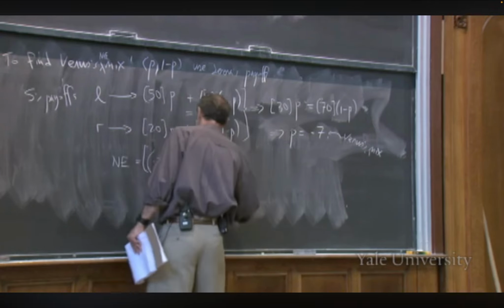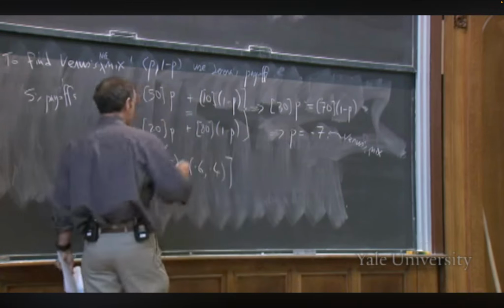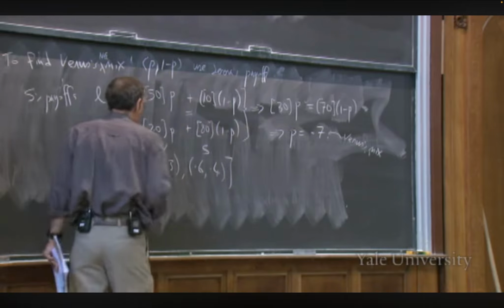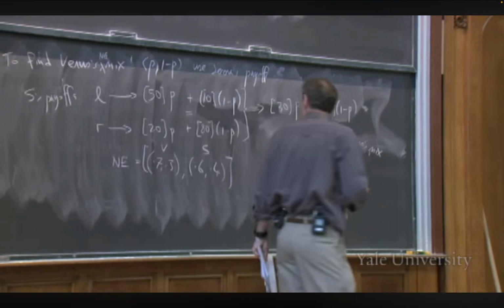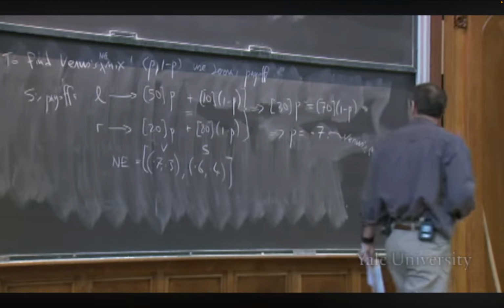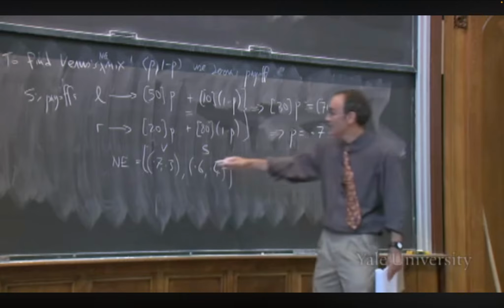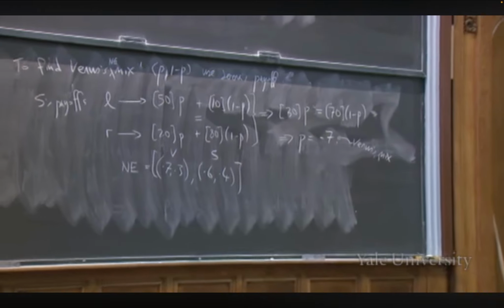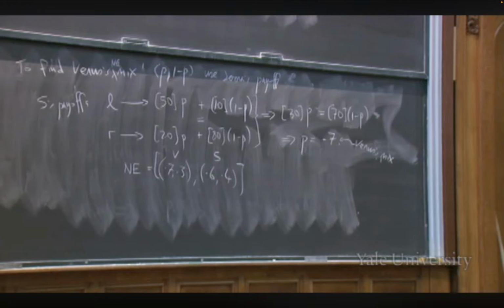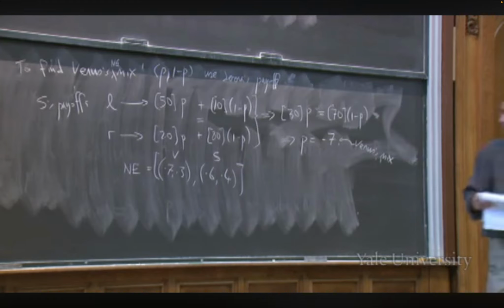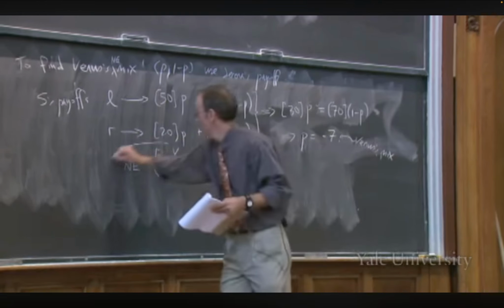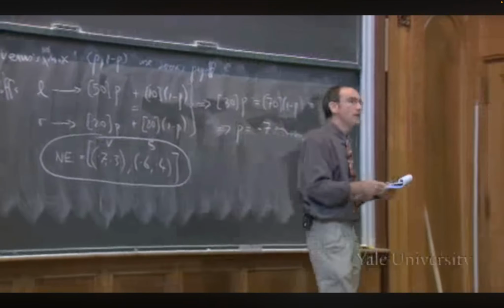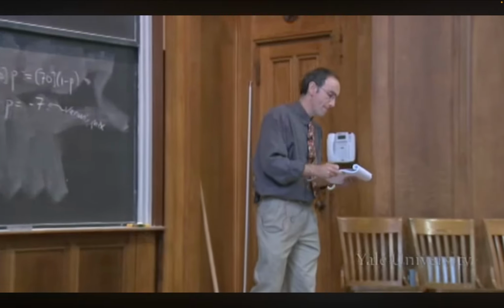All right, so this is Venus's mix, and this is Serena's mix. Venus is shooting to the left of Serena with probability 0.7, and Serena is leaning that way with probability 0.6. All right? So we were able to find this Nash equilibrium by using the trick before.